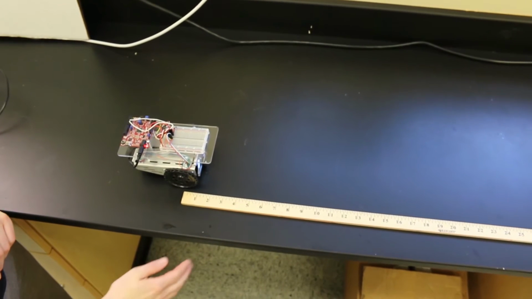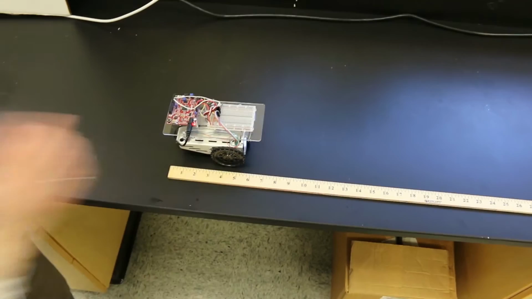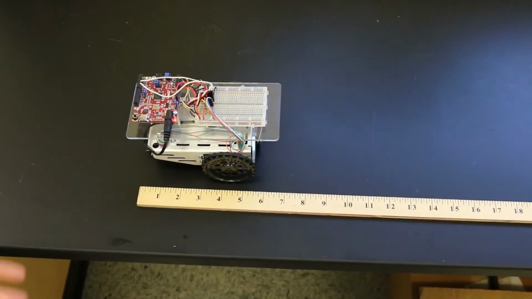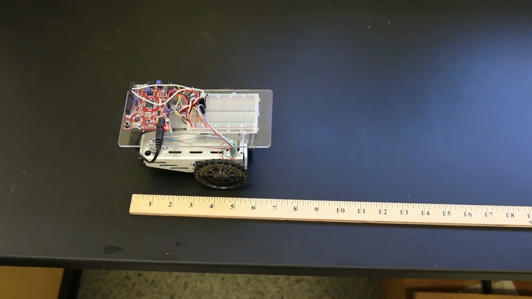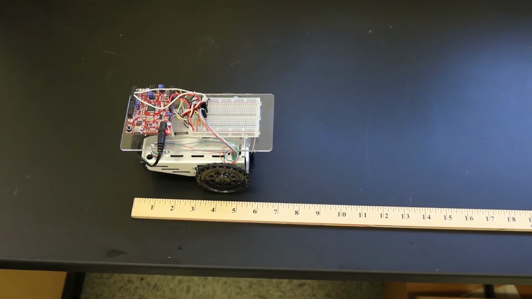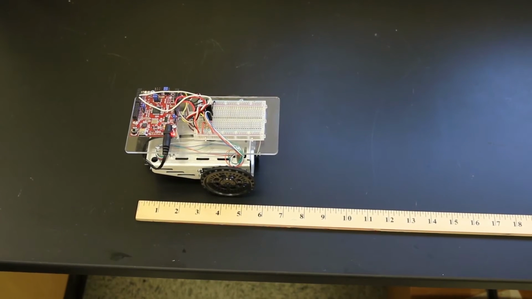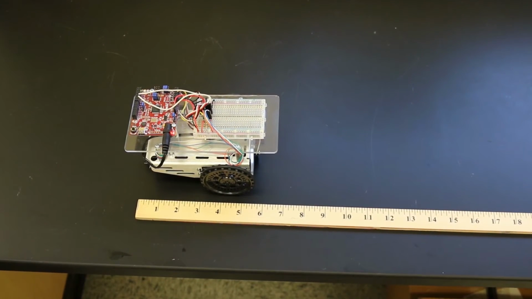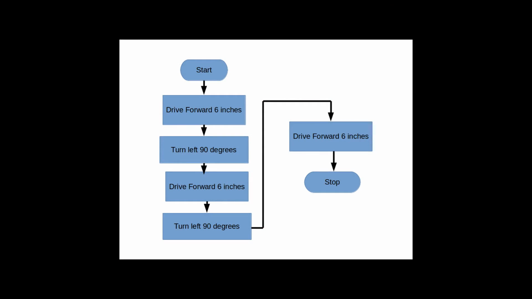As the robot starts to move, we'll mark the center axis of the wheel as how far it traveled. So here, the robot traveled about 4.5 inches in 1 second. So we'll need to use a delay of about 1,500 milliseconds or 1.5 seconds in order to get 6 inches of travel.